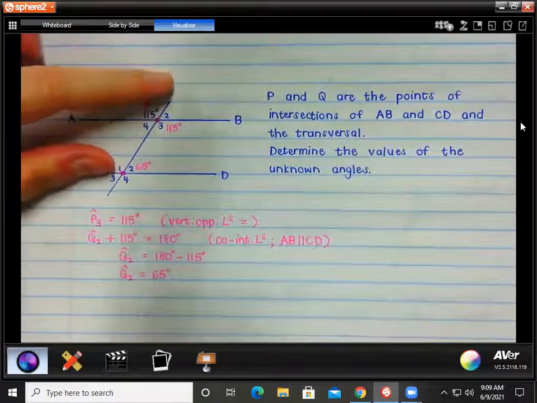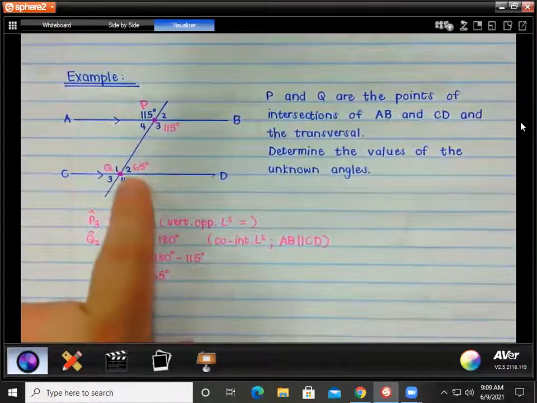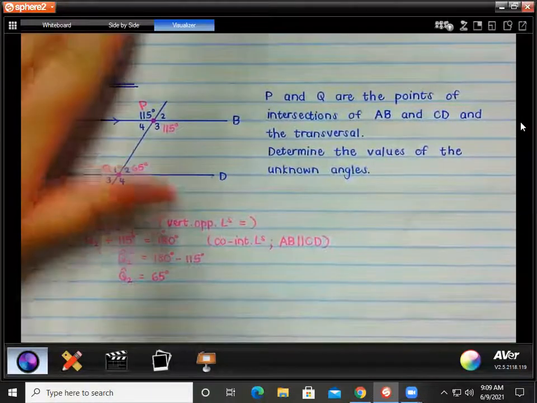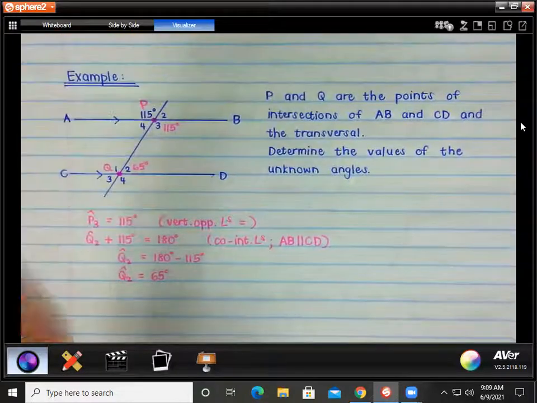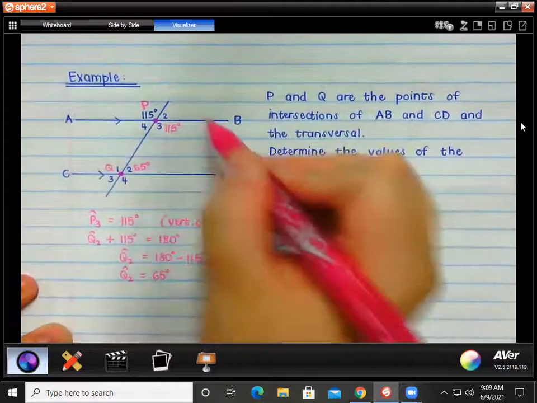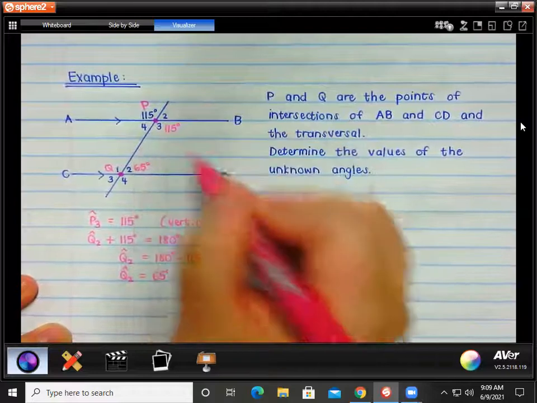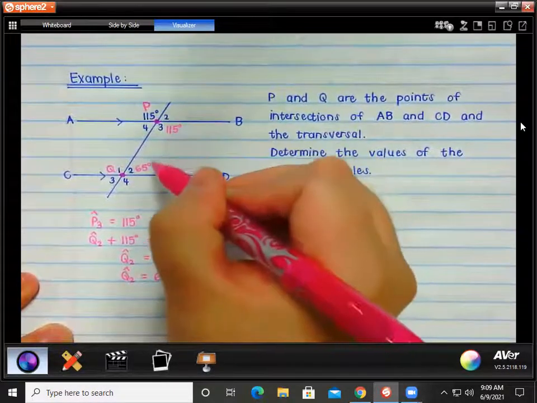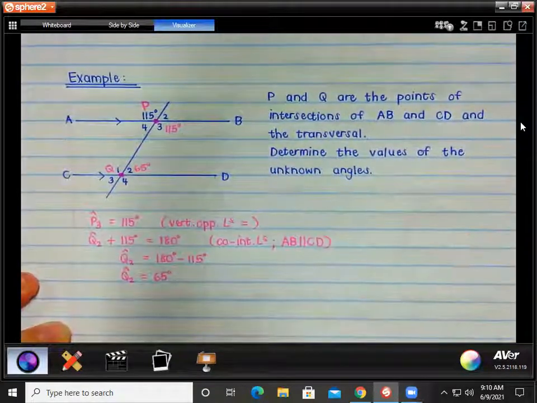But do we notice a shape maybe for looking for P2? And we are keeping in mind that we have Q2 already. Yes, Nicholas? We have that upside down F shape. Corresponding angles. Angles on a straight line is perfect, I just want us to look for these shapes as well. What do we know about the F shape? They are corresponding angles. So P2 and Q2, if they lie on parallel lines, will be equal.